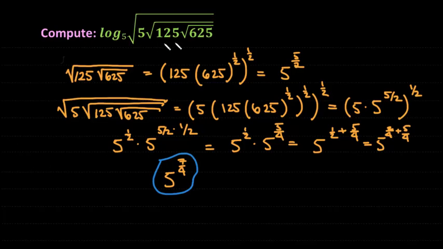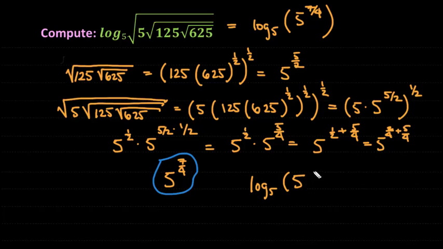So this expression here in green simplifies to taking the log base 5 of 5 to the 7/4 power. If we continue in our computation, we can write this as log of 5, and we take the exponent here, which is 7/4, and using the properties of logarithms, pull it out of the exponential position.